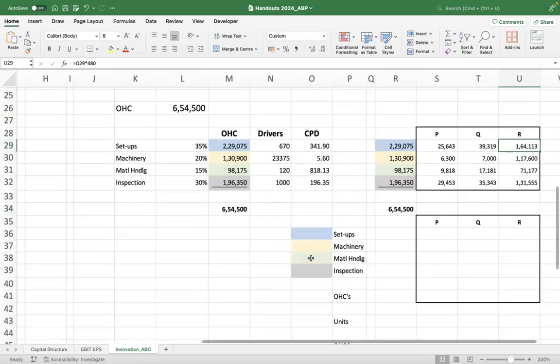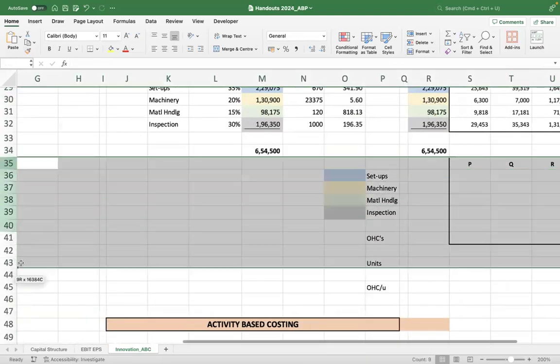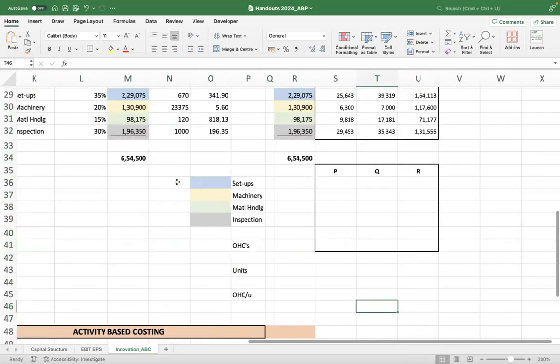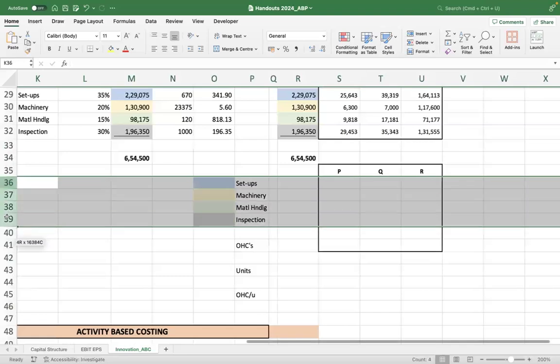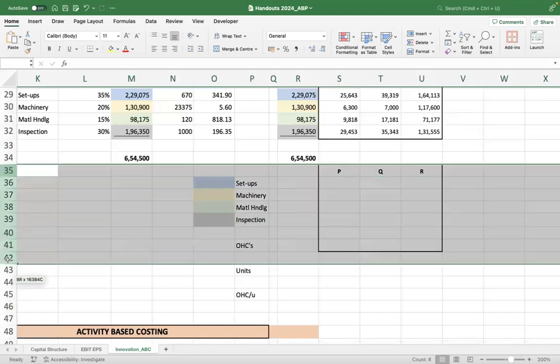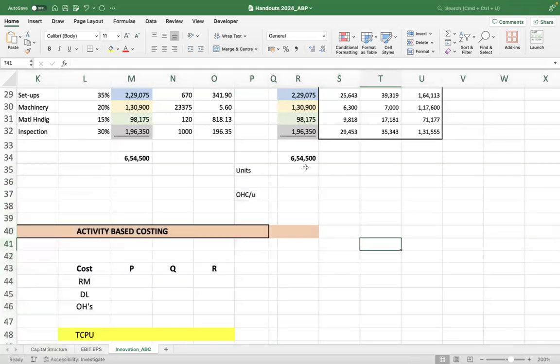Now what we will do next is we can straight away jump to the cost per unit. These are my overhead costs, right? अब हम क्या करेंगे, इसका टोटल लेंगे.